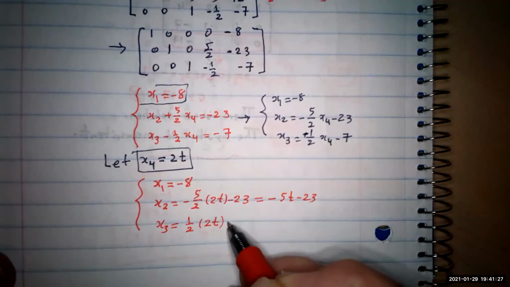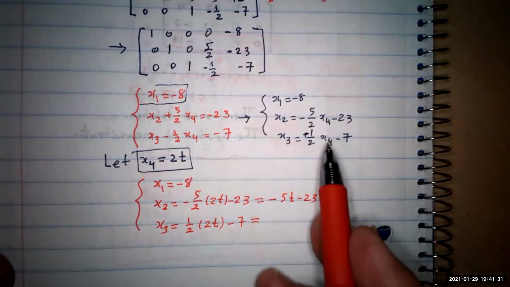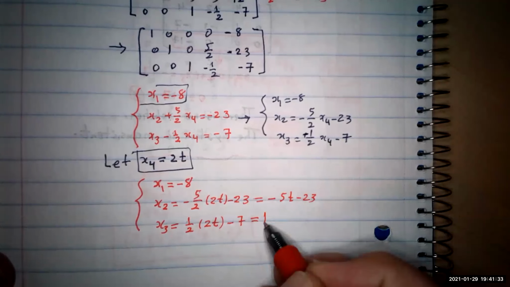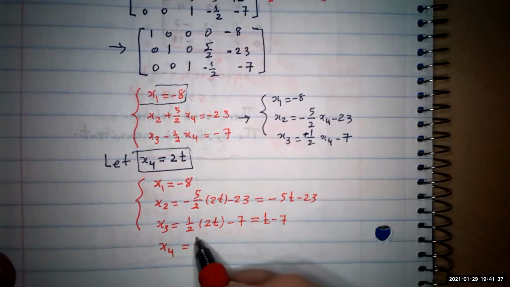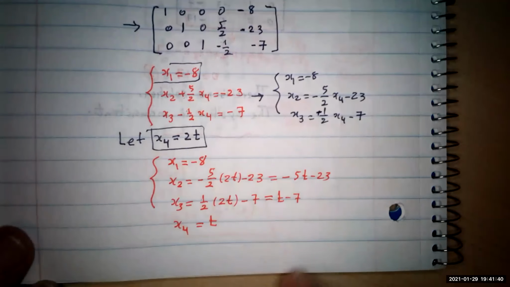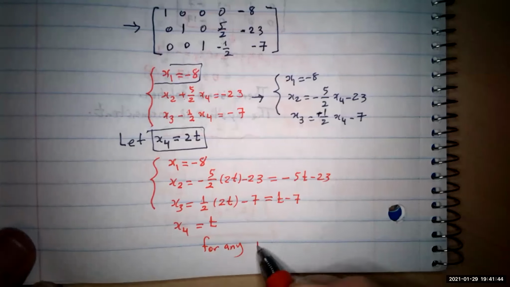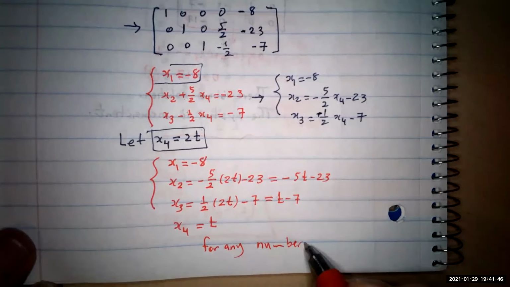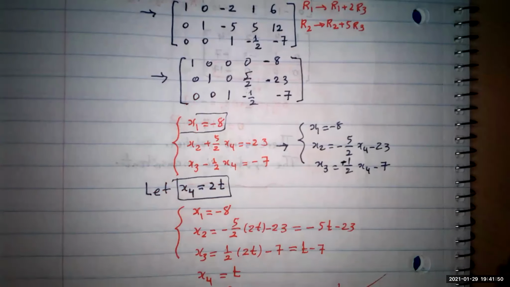If you like to reduce the fractions, that gives you t minus 7, and eventually x4 is equal to t, for any number t.